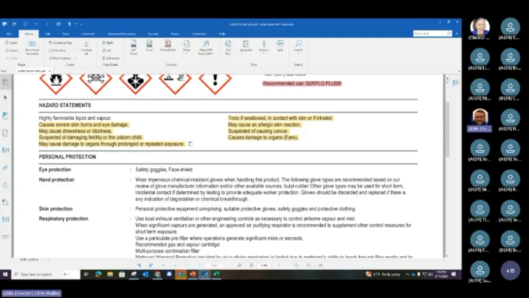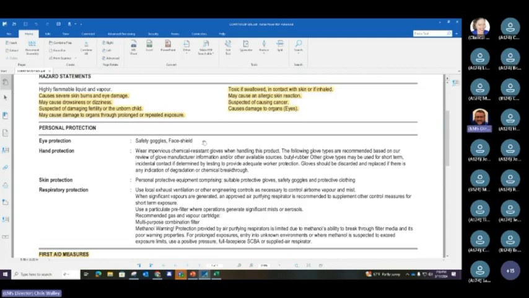If you're reading over it, some of the things that you're seeing may be what you visually see on your patient. When you look at this section for personal protection, that doesn't matter to us as EMS, but it matters to us out here because we need to know how to handle it.